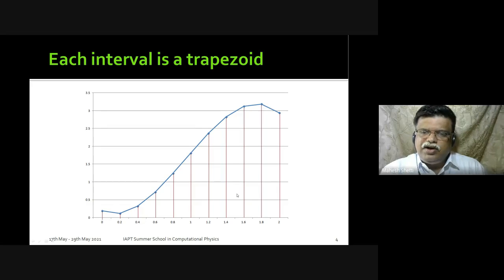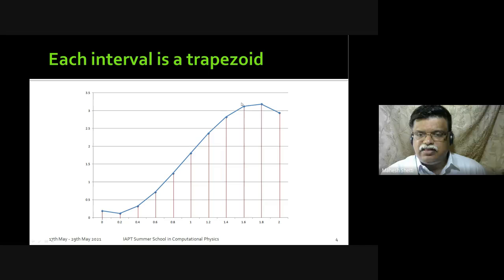And you know what is the area of a trapezoid? It is half into the distance between the two parallel lines, multiplied by the addition of the two parallel sides. Now, say for example, if this number is y7 and this number is y8, then I will have to add the two, because these are the two parallel sides.